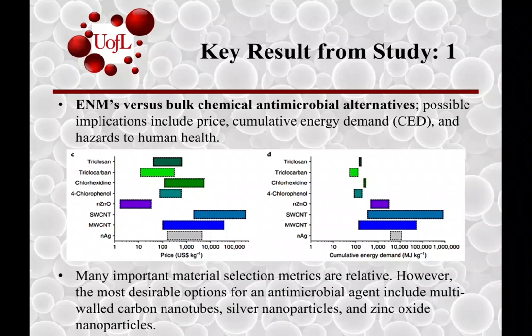You've got the cumulative energy demand, which is the CED. And the third consideration was hazard to human health. The least toxic material in that study was the one with the highest LC50 value.